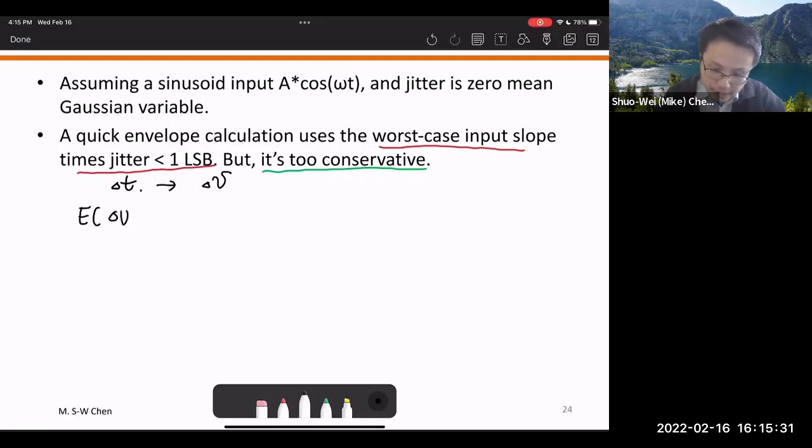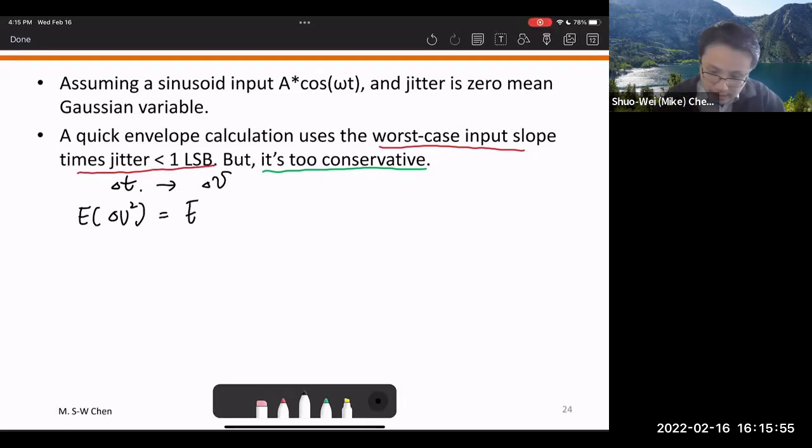That tells you the power of that random variable.